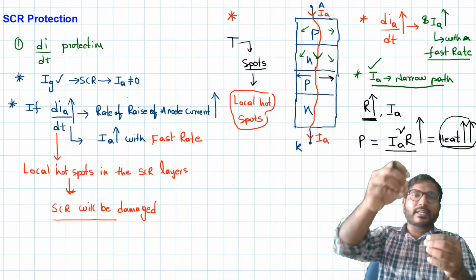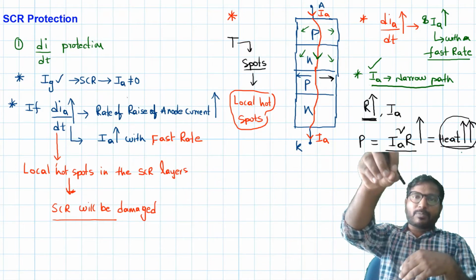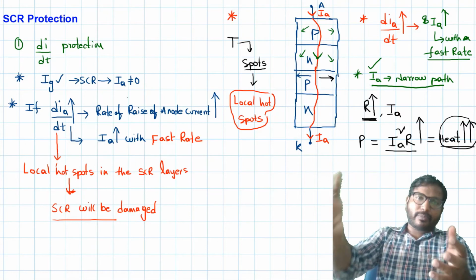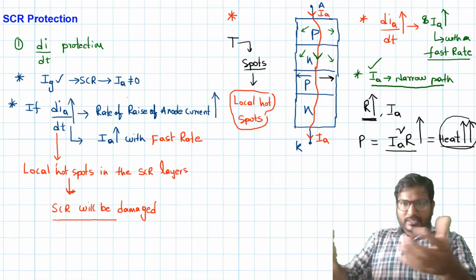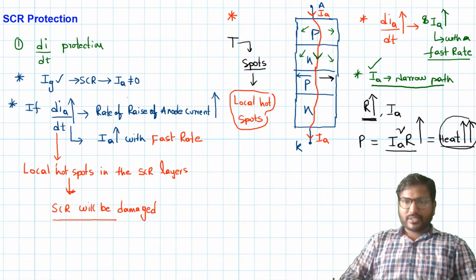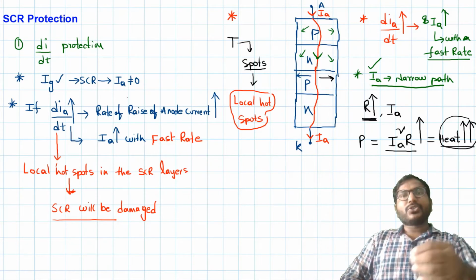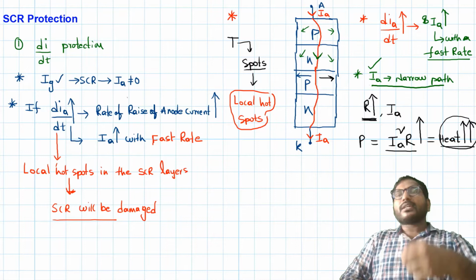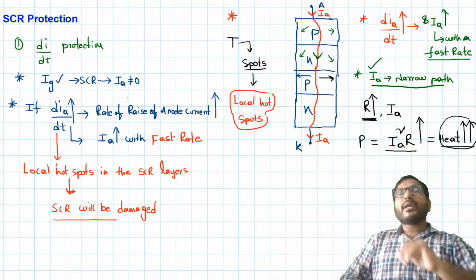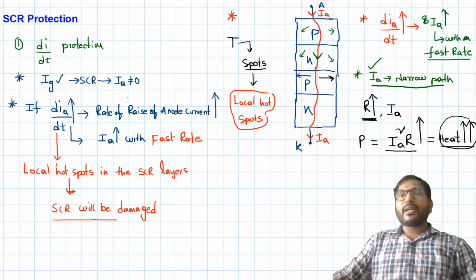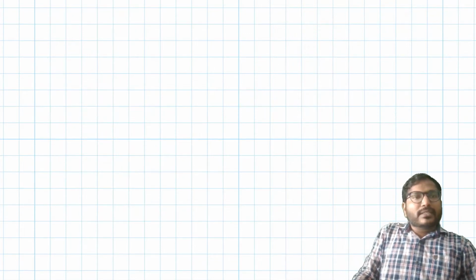That heat concentrates on particular spots in the narrow region, and those spots will be damaged. If the spots are damaged, the total SCR will be damaged. So this is the issue. We have to protect the SCR from high values of dI/dt.